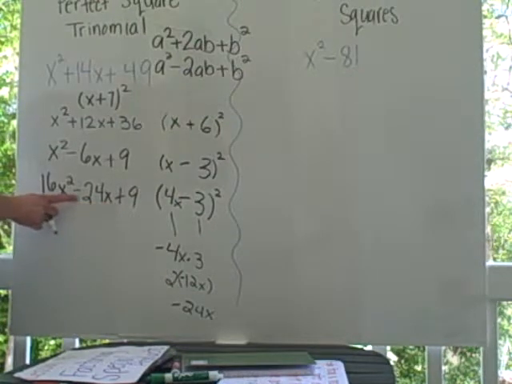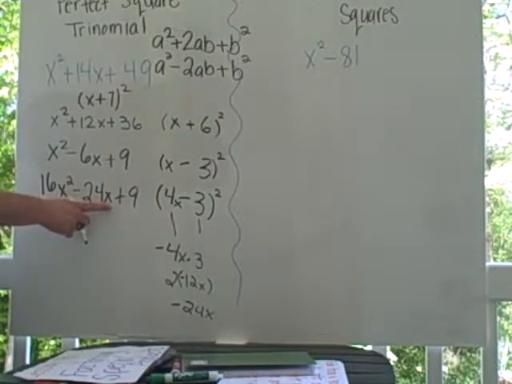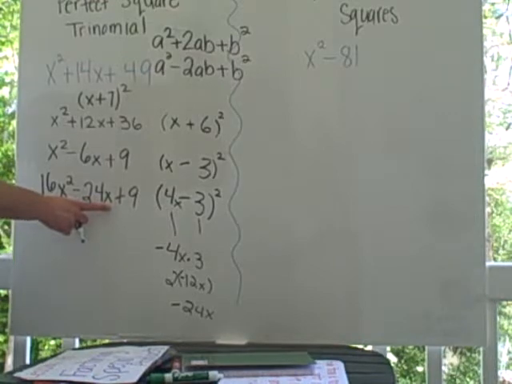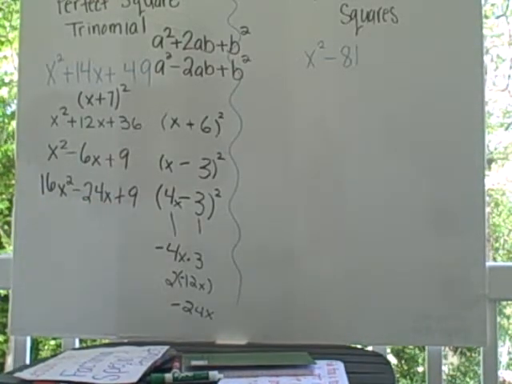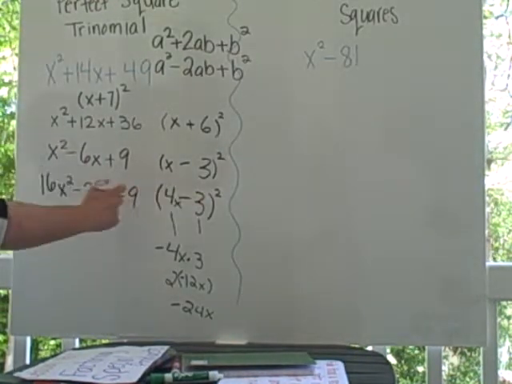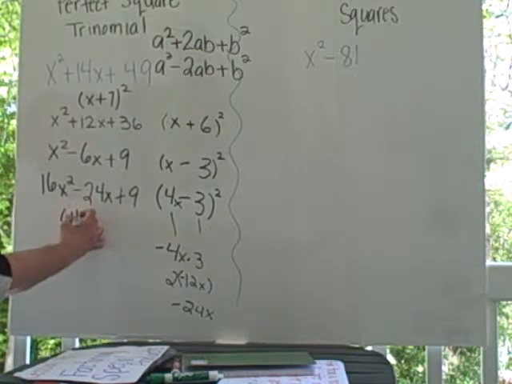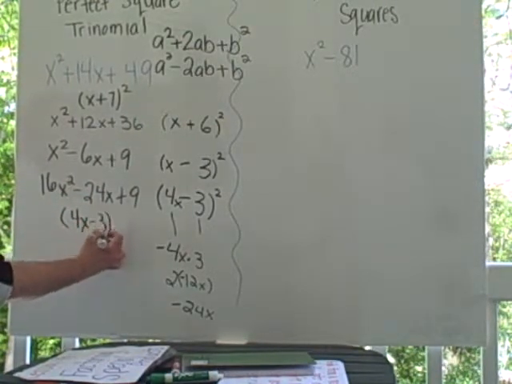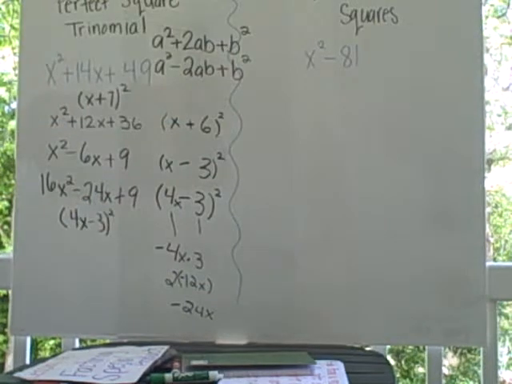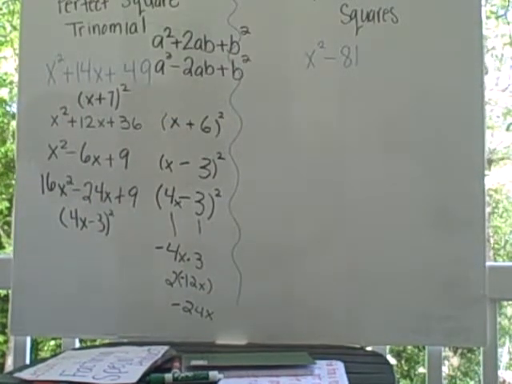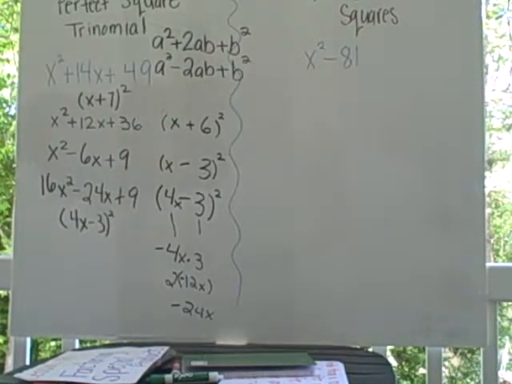And that's what came here, negative 24x. So the answer to the question would be yes. It is a perfect square trinomial. Factoring it would look like this, 4x minus 3 to the second power. Let's take a look at one more of that sort.